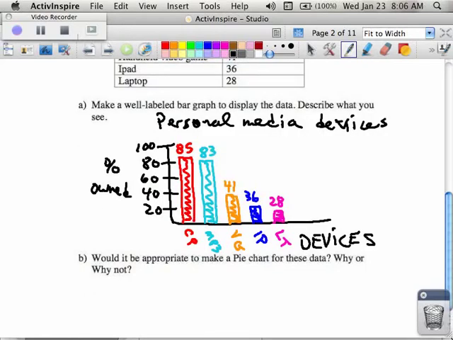So this next question we kind of talked about a little bit before. Is it appropriate for a pie chart? No, not really. So the answer is no here. And you can say it one of two ways. The total percentage is more than 100 is one thing.